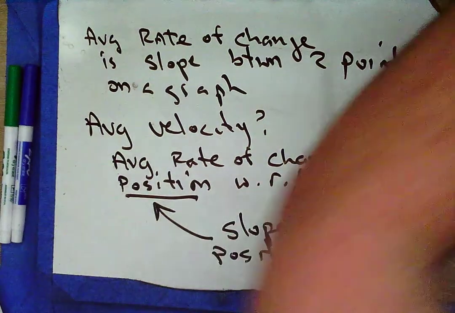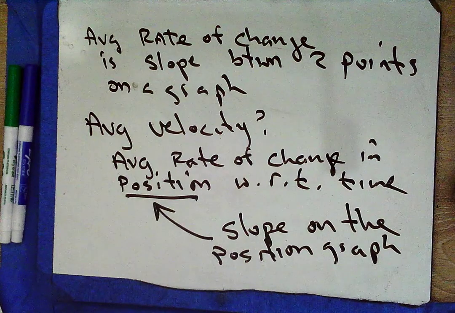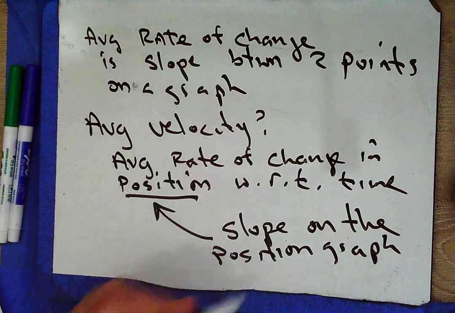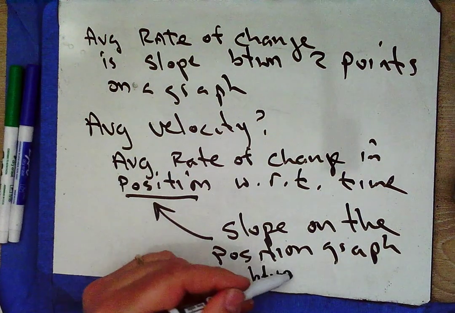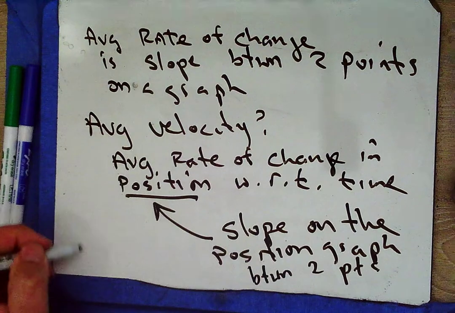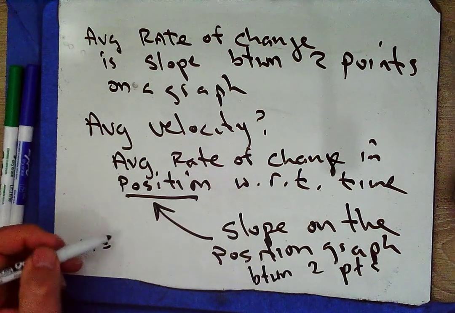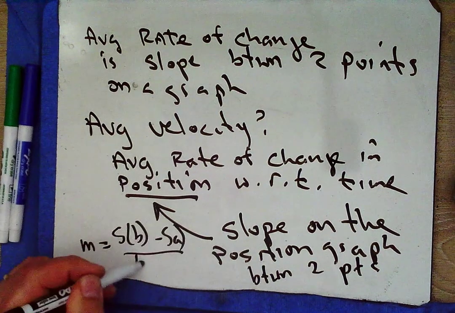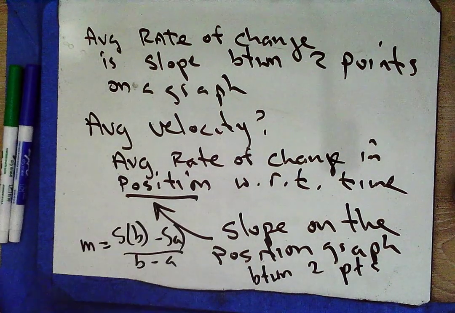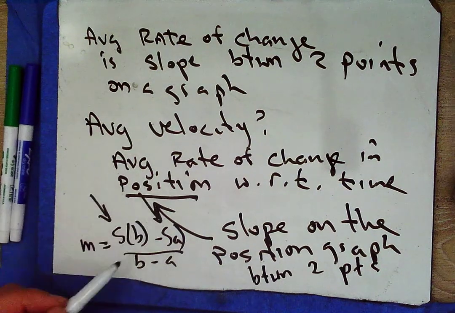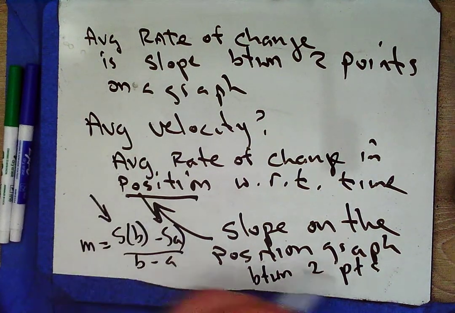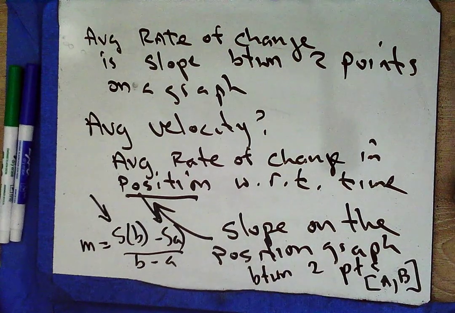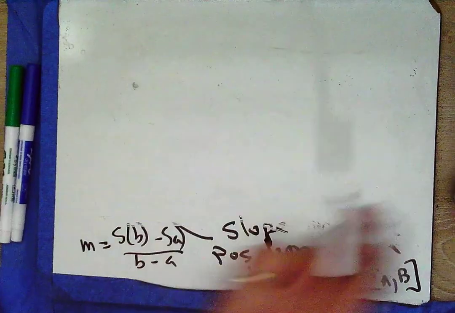It's the average rate of change of position with respect to time, and so it's the slope on the position graph between 2 points. And so all I have to do is find that by doing S of B minus S of A over B minus A. Finding the slope on the position graph between 2 points, A to B.